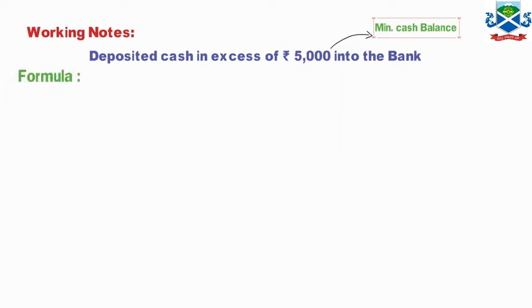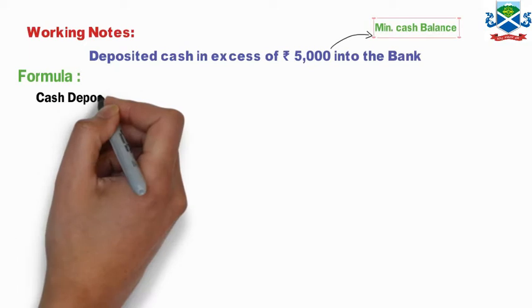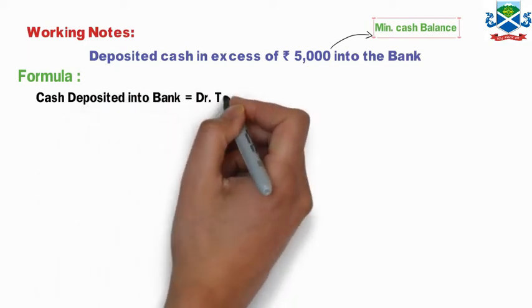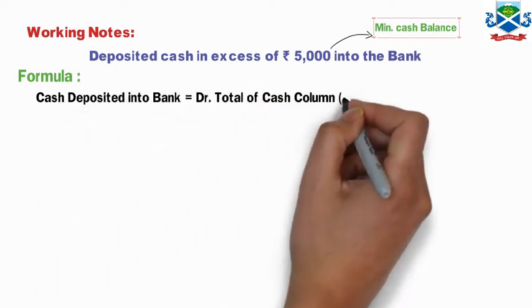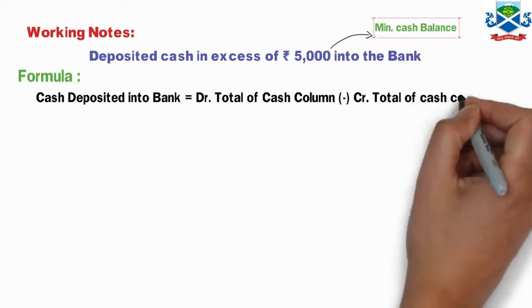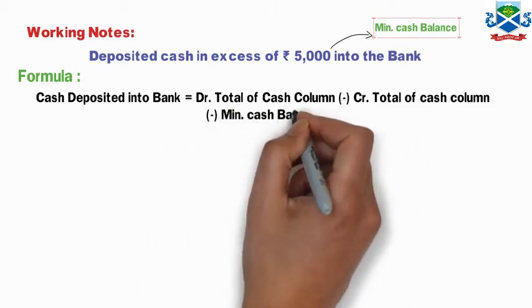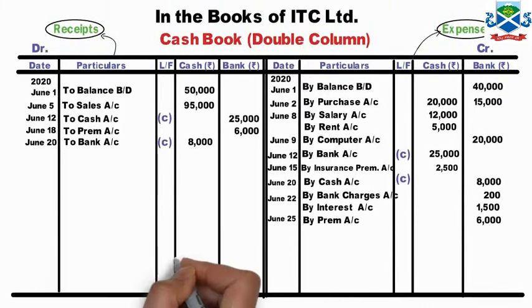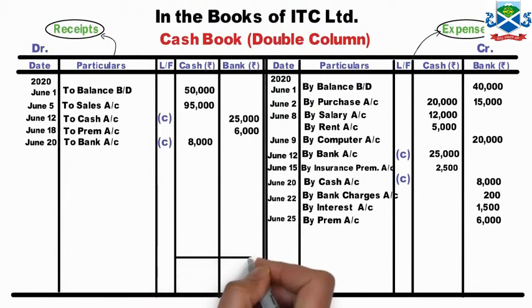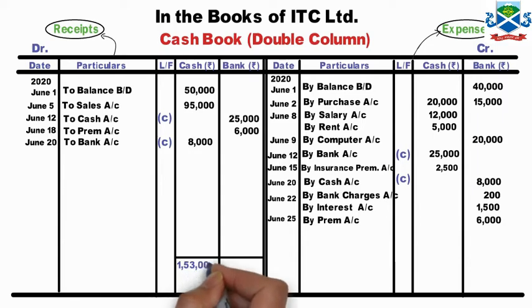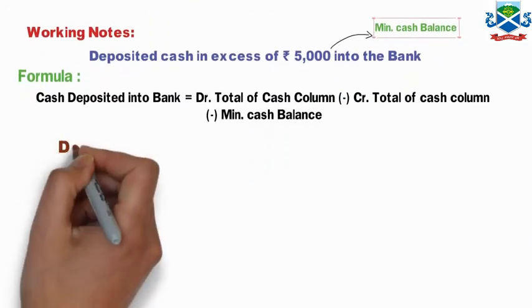Now the formula is: cash deposited into the bank is equal to the debit total of the cash column minus the credit total of the cash column minus the minimum cash balance required. So we'll add the debit total, and the debit total comes to 1,53,000. We take it over here.